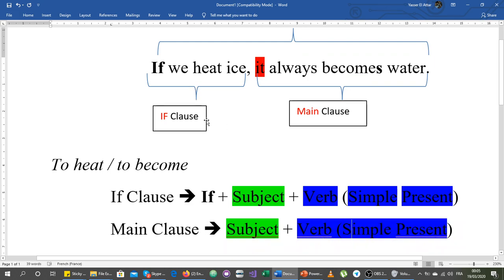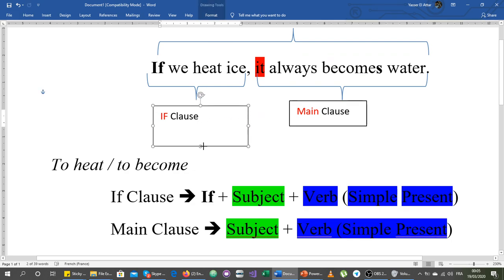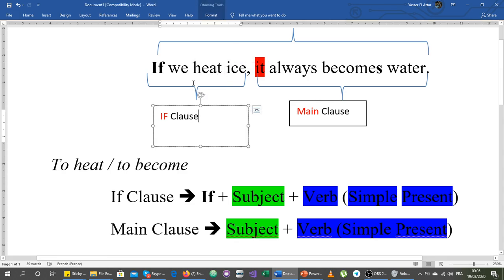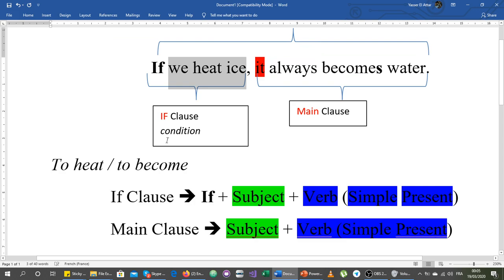Okay, so now we will go to the use of the conditional. Why do we need the conditional? If we heat ice, you know what ice means? If we put it on fire to heat it. This is in a form like a condition. That's why we call it conditional, because "we heat ice" is a condition.